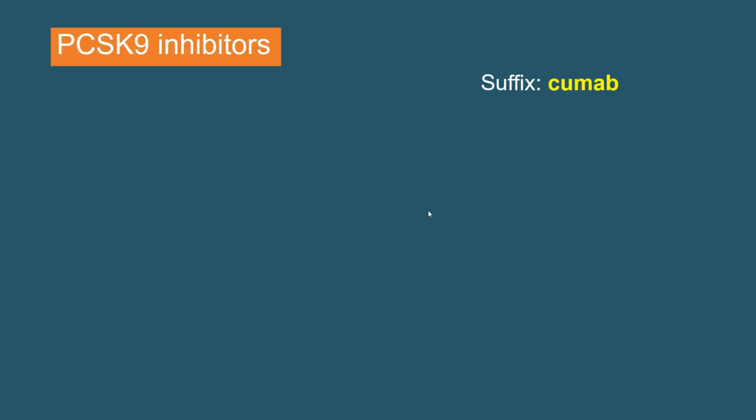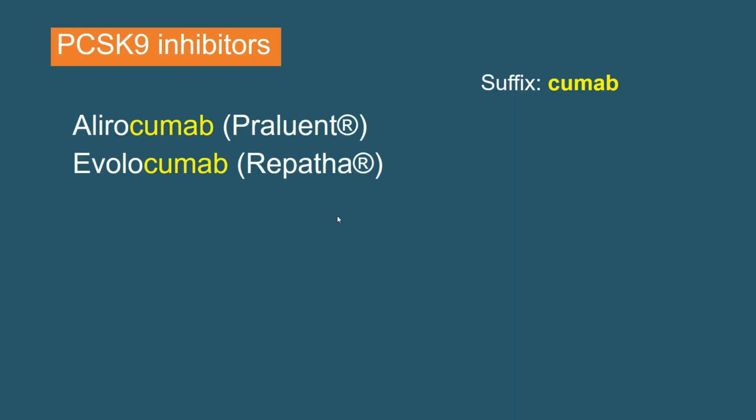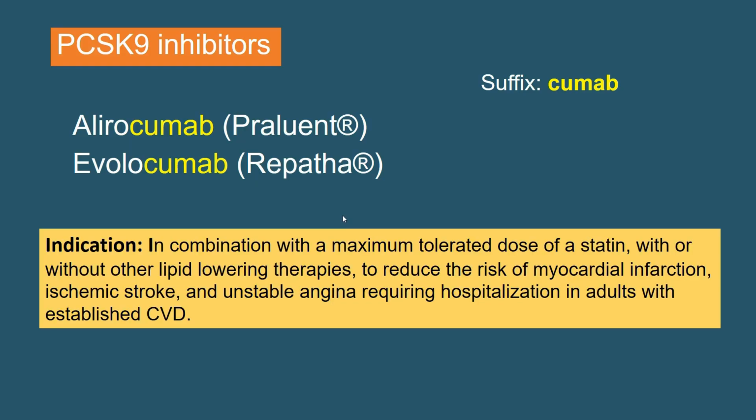Next, the new class of drugs called PCSK9 inhibitors. PCSK9 inhibitors are monoclonal antibodies. There are two brands here. One is alirocumab, and the brand name is Praluent, and evolocumab, whose brand name is Repatha.